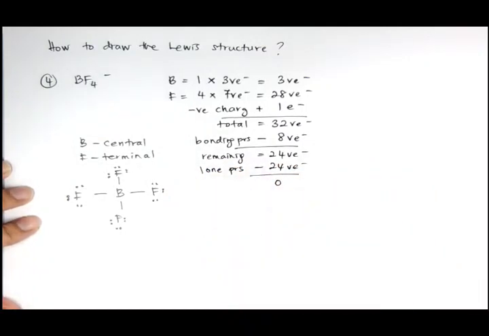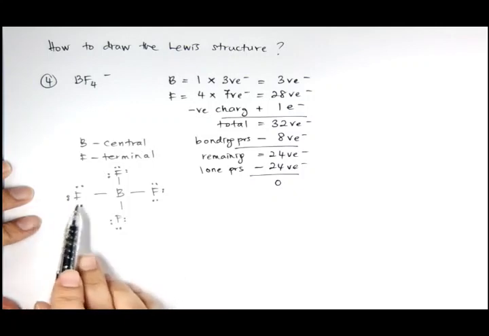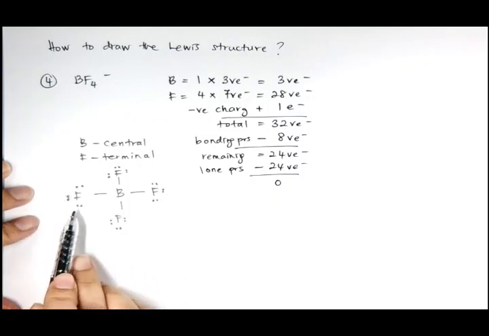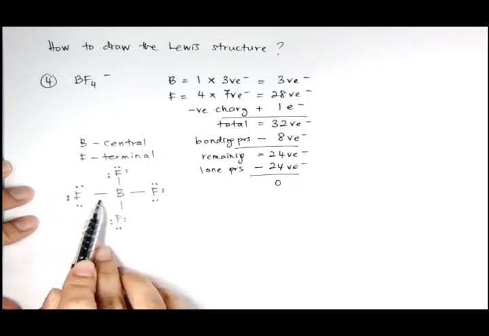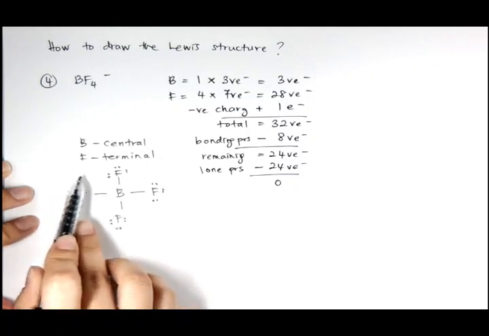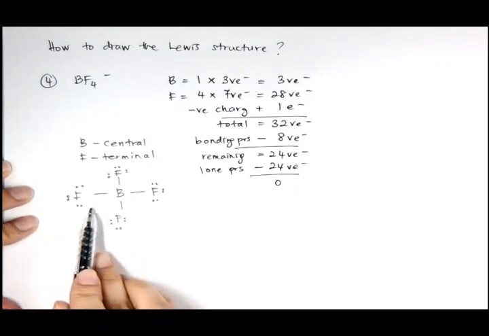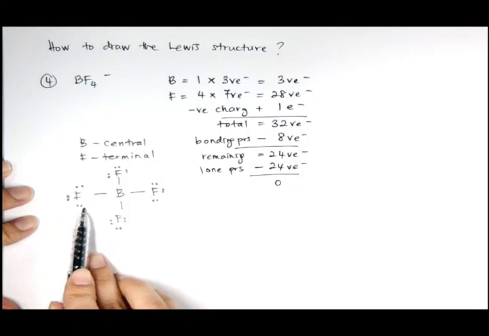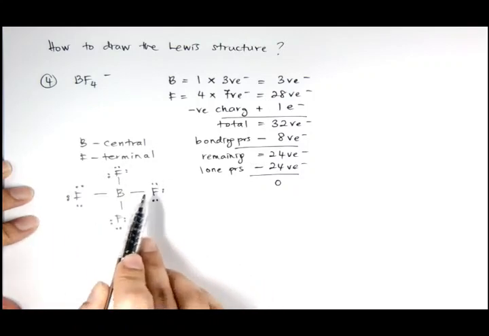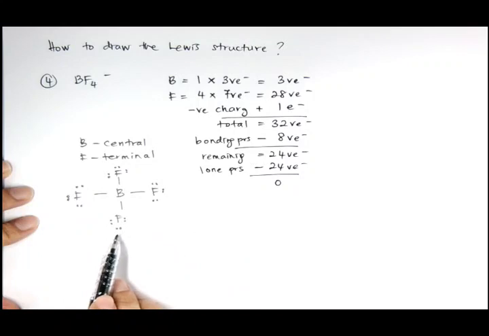The next step is to check whether this molecule satisfies the octet rule. First, check the terminal atoms. Each fluorine atom has 3 lone pairs, which involve 6 valence electrons, and 1 bonding pair, which involves 2 electrons. So the total number of valence electrons surrounding the fluorine atom is 8 electrons. All the fluorine atoms are similar in this ion.